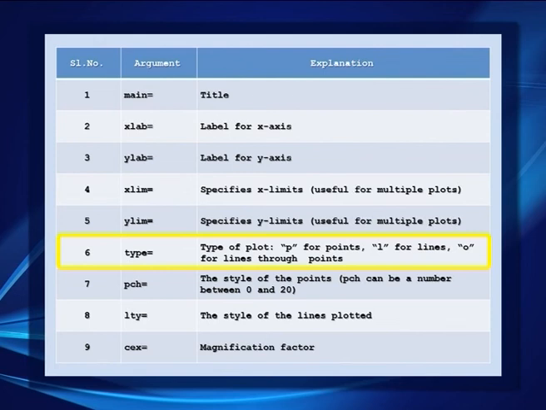If we give p, it specifies the points, l is used for lines and o for lines through the points. pch gives the style of the points. pch can take a number between 0 and 20. lty is the style of the line plotted. cex gives the magnification factor.